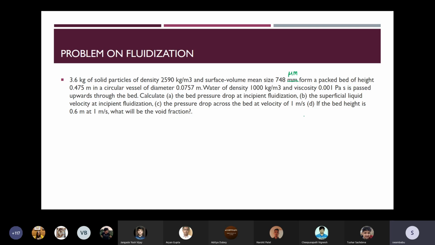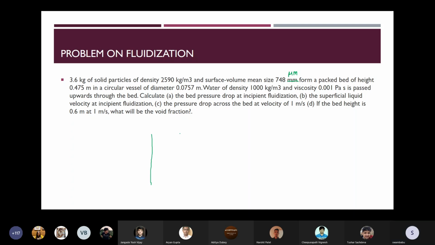It's possible, but takes such a huge amount. Even 1 mm, I showed in the Geldart chart, is difficult to fluidize. So the 748 micron particles form a packed bed. 3.6 kg of solid particles form a packed bed of height 0.47 meters.